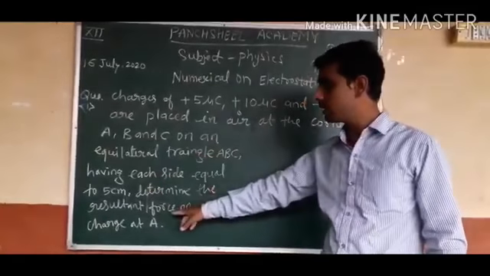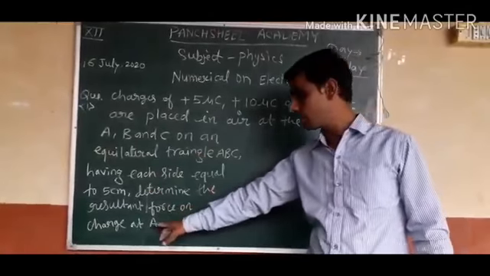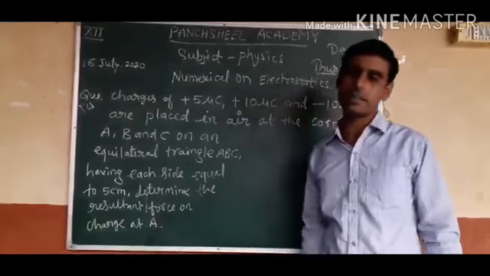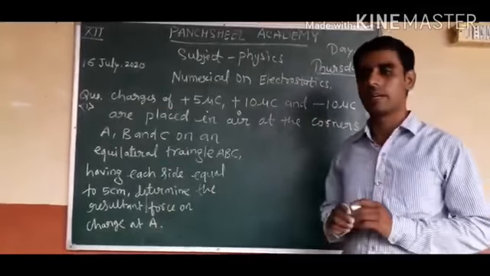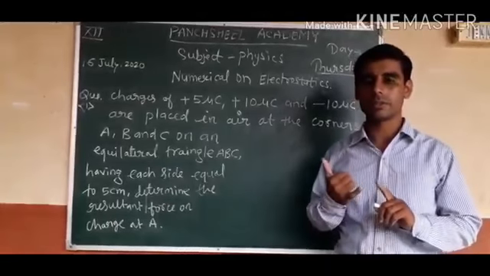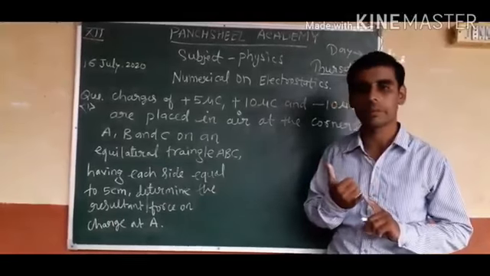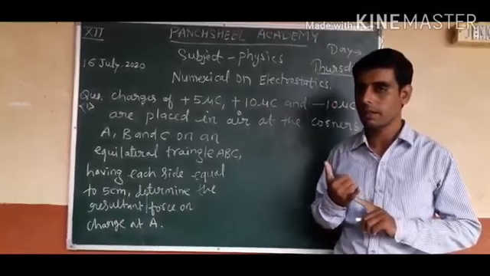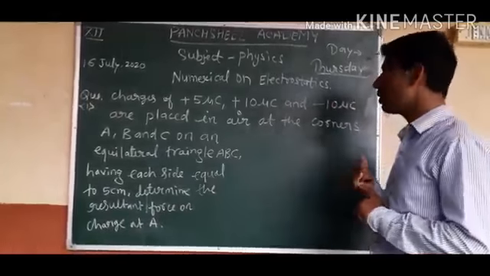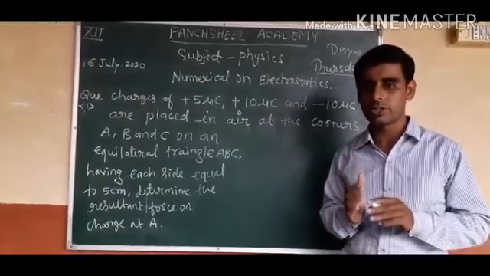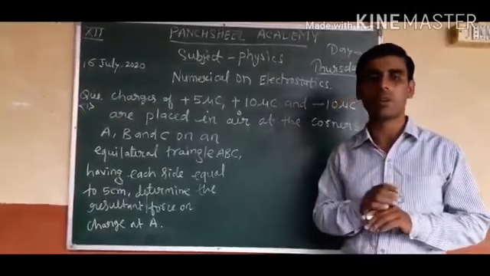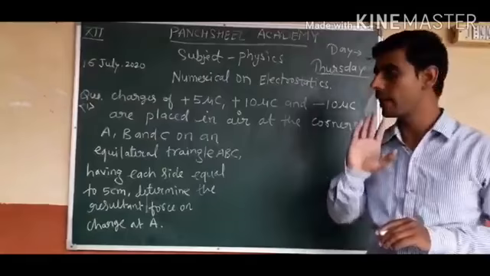Determine the resultant force on the charge at A. Understand the question. There are three charges. First is 5 microcoulomb, second 10 microcoulomb and third is minus 10 microcoulomb. These three charges are placed on the vertices of an equilateral triangle.